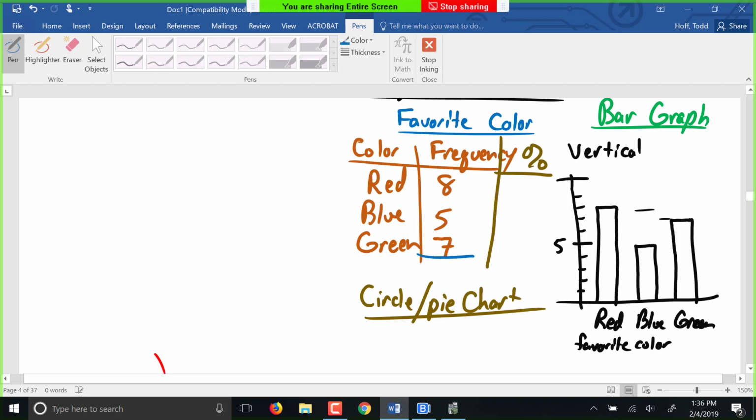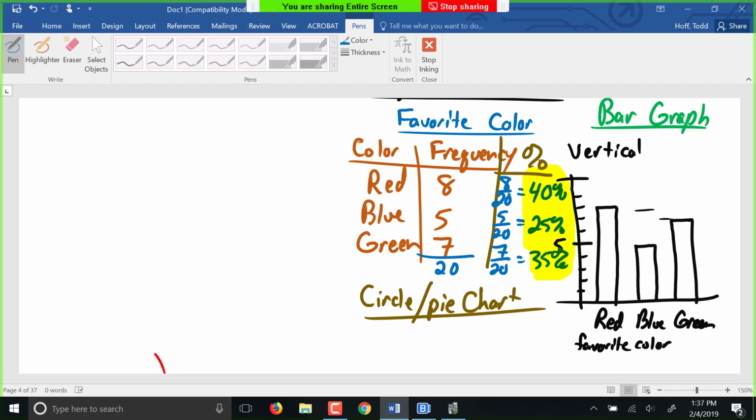If we add these all up, they add up to 20. So 8 is what percent of 20? 8 out of 20 is 40%. 5 out of 20 is 25%. 7 out of 20 is 35%. Of course, what should those 3 add up to? It better add up to 100% of the whole thing.